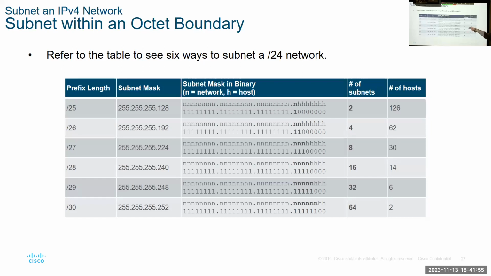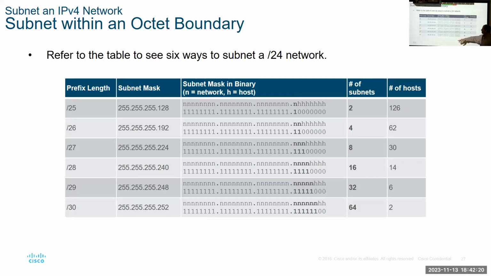And then with 2 bits, you double again the subnets. So we went from 2 subnets to now 4 subnets by borrowing another bit. And since our host bits is now decreased to 6, we only get 62 hosts per subnet, and so forth.